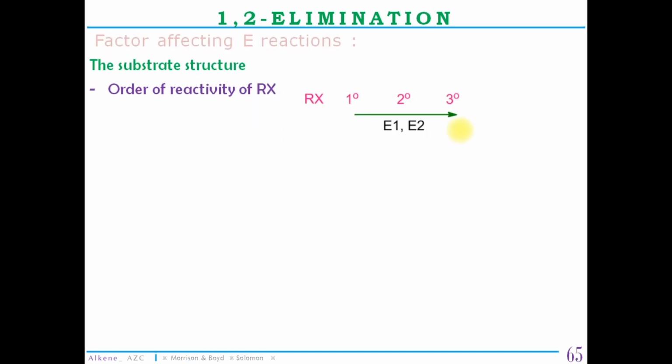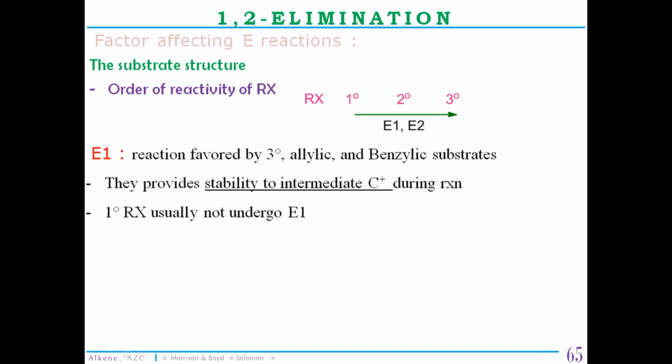Influence of substrate structure. We have seen the order of reactivity of alkyl halides. For both E1 and E2, tertiary alkyl halides are most reactive and primary alkyl halides are least reactive. In the E1 mechanism, the reaction is favored by tertiary alkyl halides, allylic and benzylic substrates because they provide stability to the intermediate carbocation during the reaction.